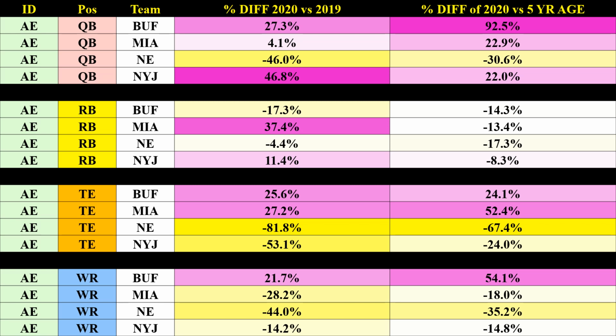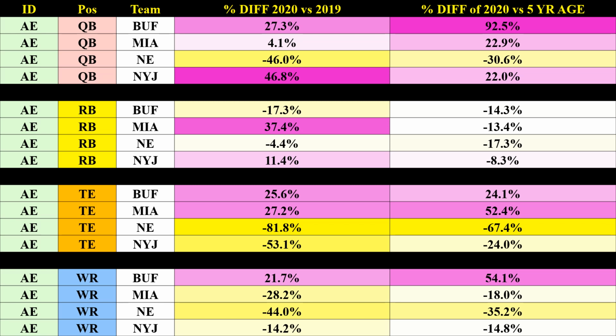Running backs, Miami really improved. So I'm looking for any kind of improvements in recent times. All the teams had a poor 2020 versus their 5-year average, but Miami did increase from 2019 to 2020, and the Jets did 11%, and the other one, Buffalo, dropped, so that's a little concerning.